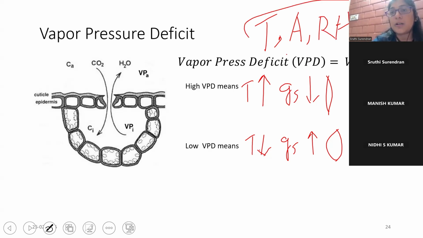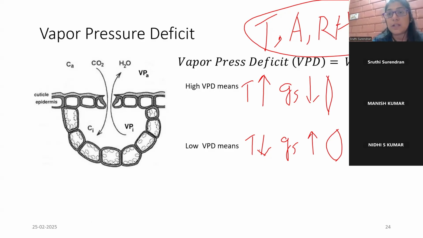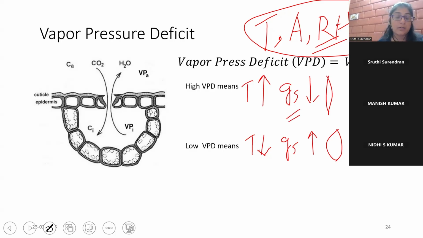All these four quantities are going to interact with each other so that the processes can happen in an optimum manner. So in order to bring a relationship between these four quantities, equations have been developed as models, which will help us in getting the correct rate of stomatal conductance with all these processes happening at an optimum level.